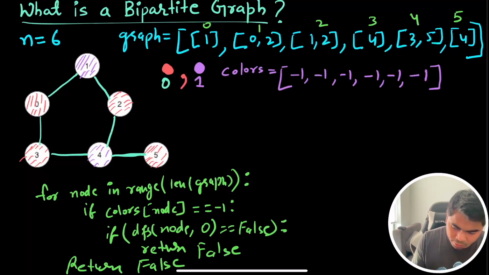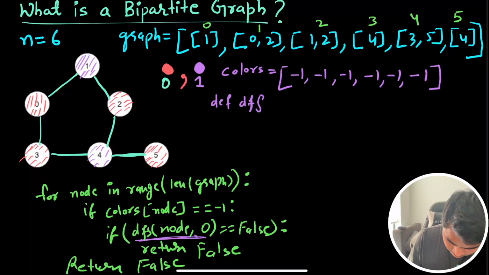But let's now write this DFS right here. It will be quite short. It will be taking node and then next color.